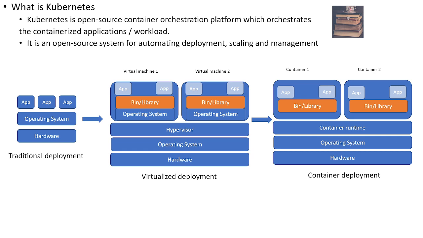So let me repeat: the container runtime is basically a backbone software where the containers run in the host system, and it is responsible for the entire lifecycle of a specific container. The container has the images.